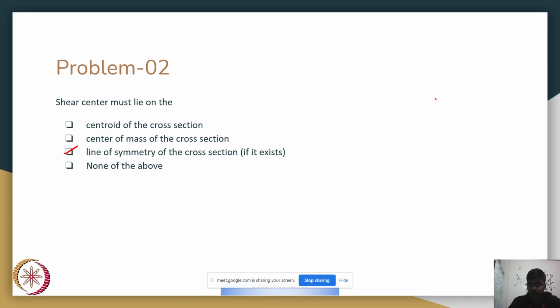For example, a circular cross section has infinite lines of symmetry which all pass through the center, and therefore the central point O becomes your shear center. If you have something like a flower shape, it has 4 lines of symmetry. All of them again intersect at the same point O, and this O again becomes your shear center.